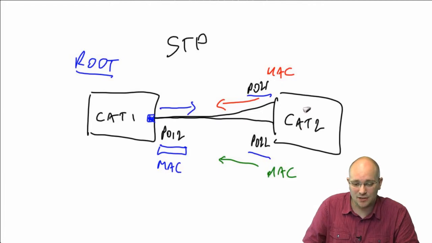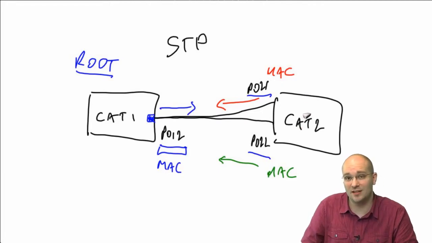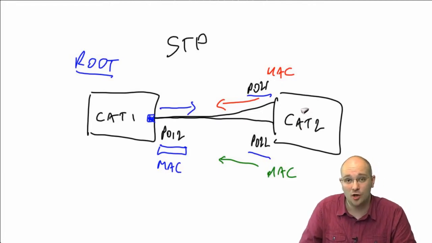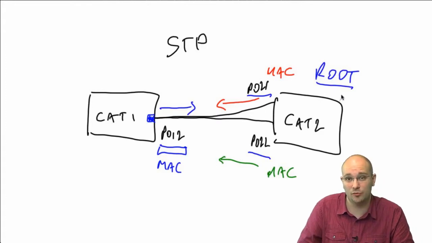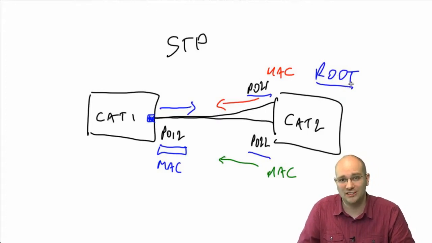That means that cat2 here will not necessarily detect the problem, and we are going to have a loop in our network. And even if cat2 was the root and sending BPDU frames, this is going to take about 60 to 90 seconds to be detected by cat1.